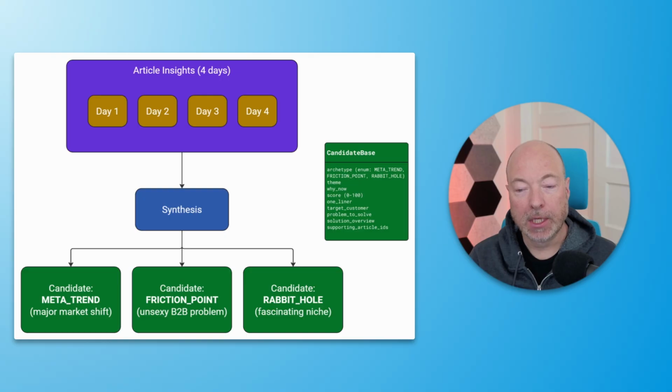We describe the problem that we're trying to solve. We describe the solution that we'll use at a high level to solve this problem. And finally, we will list the supporting article IDs. That's important as well. So later, when we generate the full newsletter, we can actually cite our sources and link to the articles that inspired this particular idea.